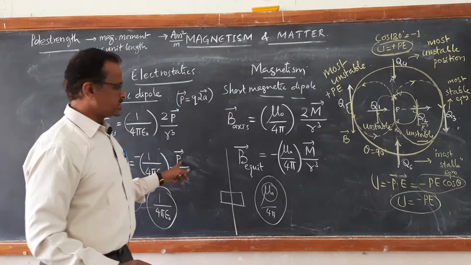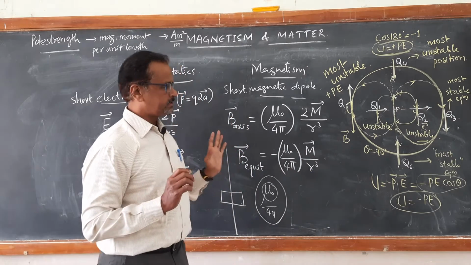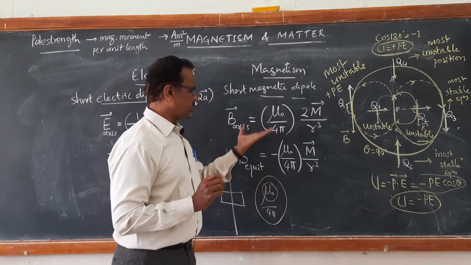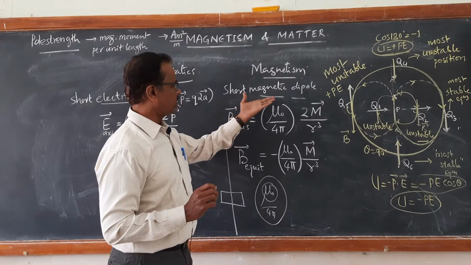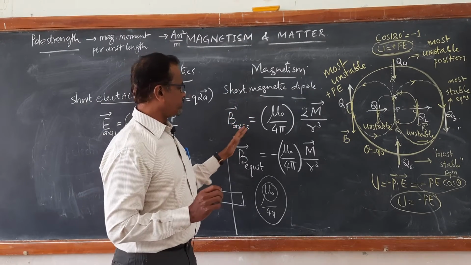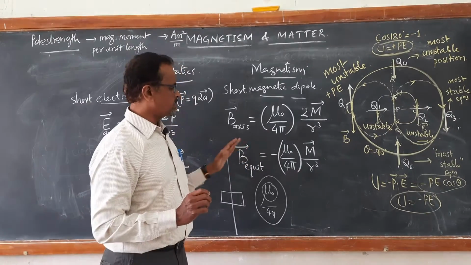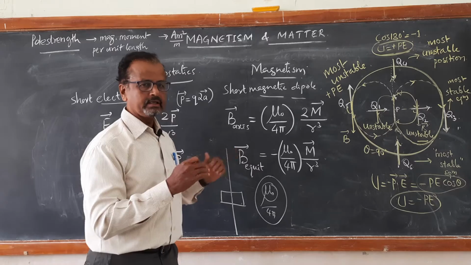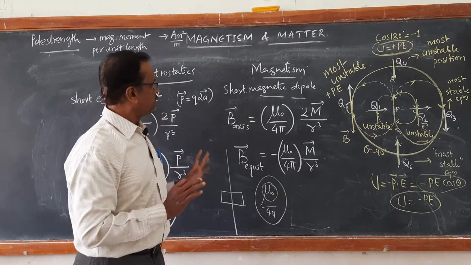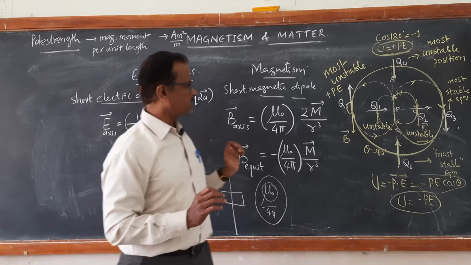The electric dipole moment is replaced by the magnetic dipole moment. This will be helpful in understanding the magnetism of a short dipole. We are not going to derive all this; the derivation is beyond the scope of the syllabus, it has been deleted from the syllabus. Okay. This is about the electrostatic analog.